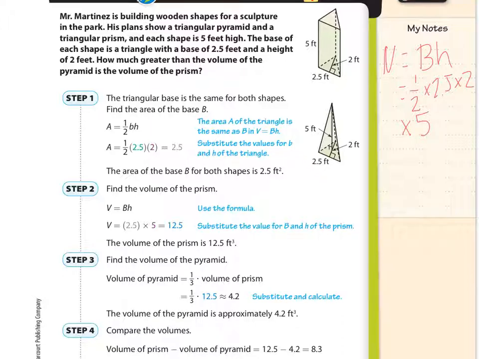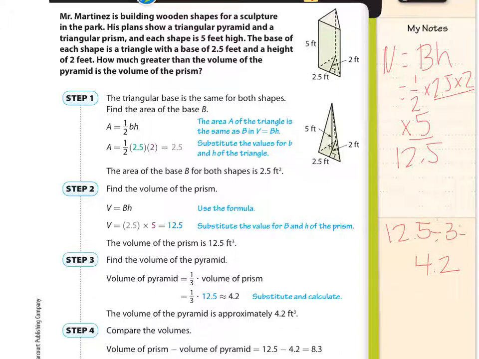When I multiply, I'm going to multiply all my numbers first. 2.5 times 2 is 5, 5 times 5 is 25, and half of 25 is 12.5. This would be the volume of the prism, which is bigger. Now, to find the volume of the pyramid, you're going to take the volume of the prism and divide by 3. And that's going to give you about 4.2.